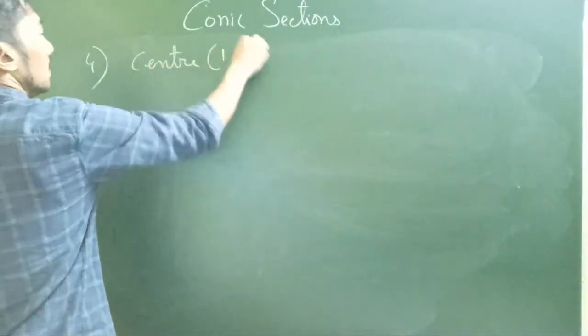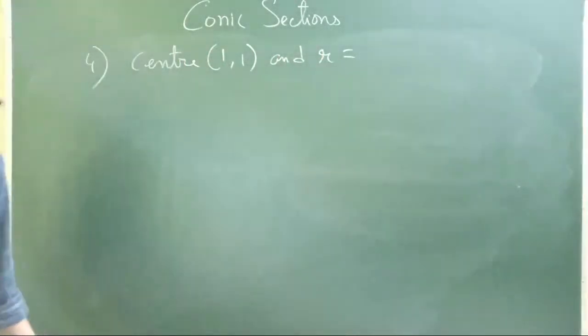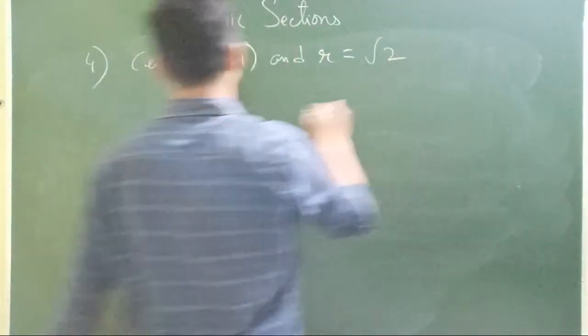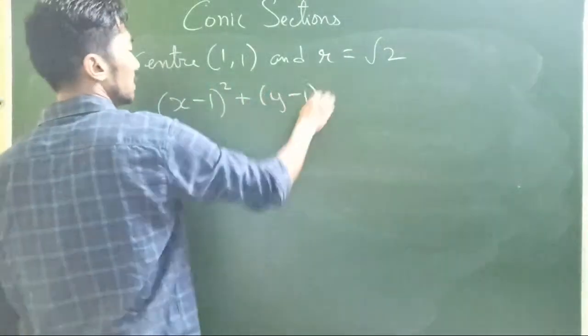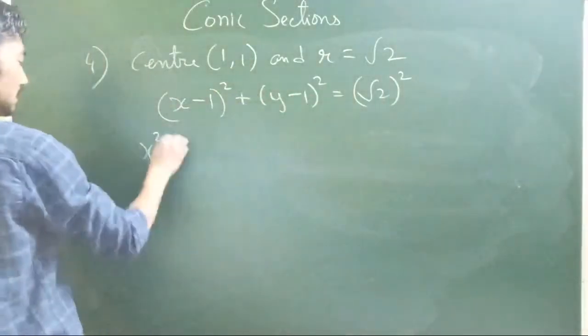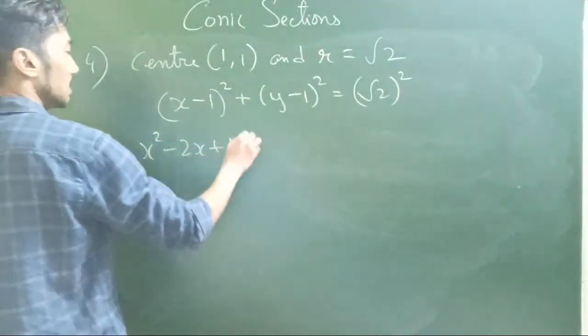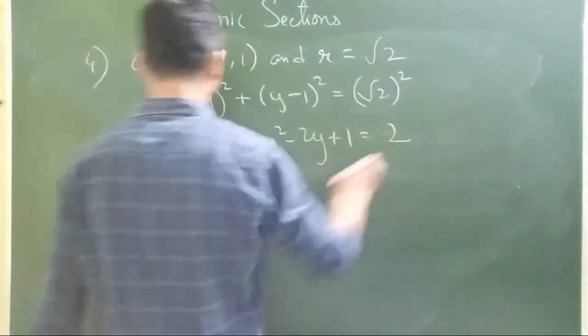The center is (1, 1) and the radius is given as root 2. So let's go straight to the equation. (x minus 1) whole square plus (y minus 1) whole square equals (root 2) whole square. That is x square minus 2x plus 1 plus y square minus 2y plus 1 equals 2.